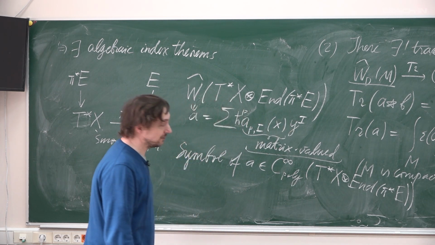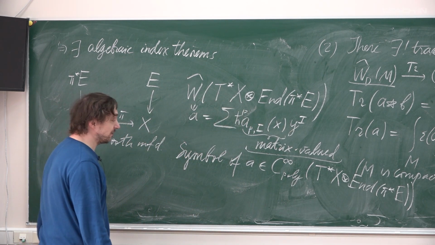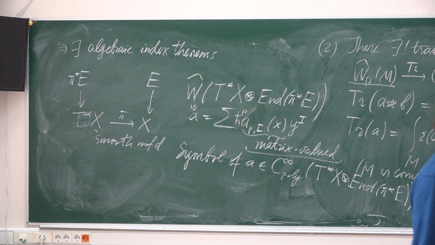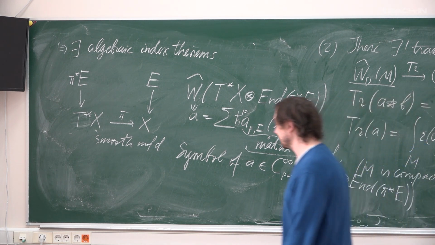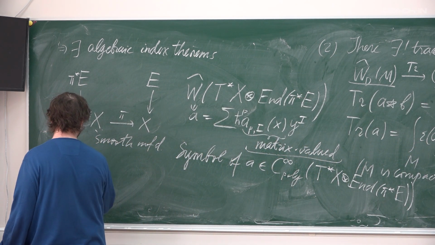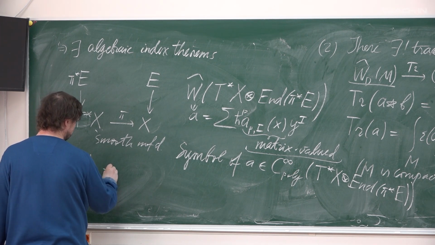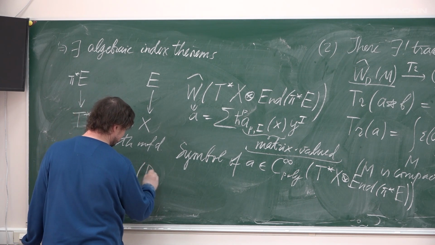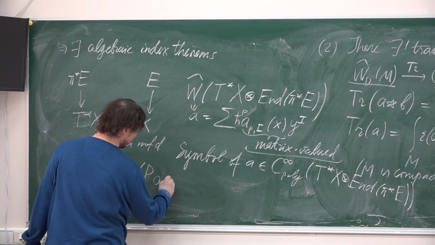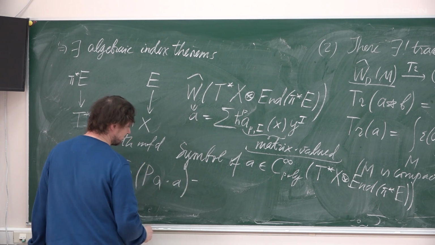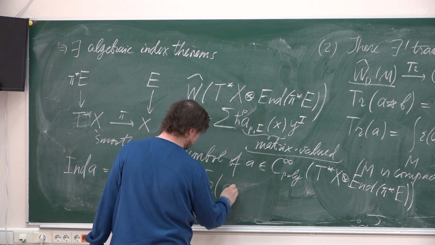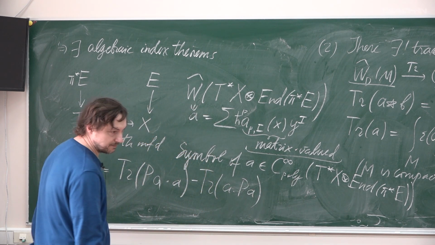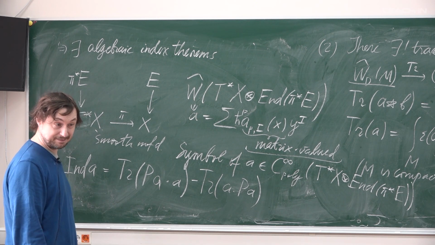You define their symbol. You can now define elliptic operators. You can define their parametrics. And then you can define their index. Index of an elliptic element should be equal to something like trace of parametrics of A times A minus trace of A times parametrics of A, if I'm not mistaken.